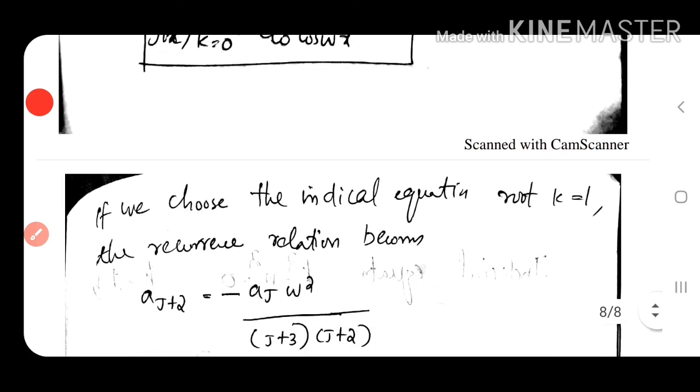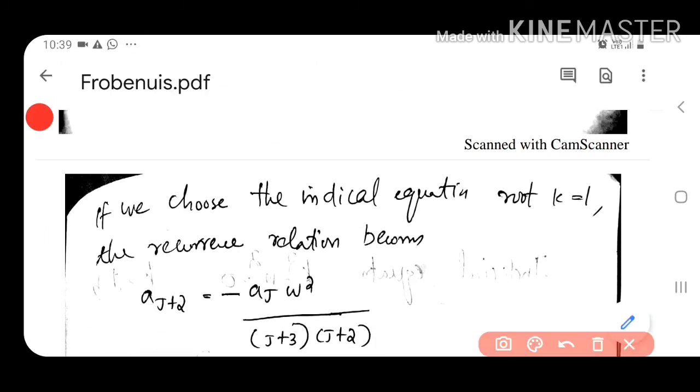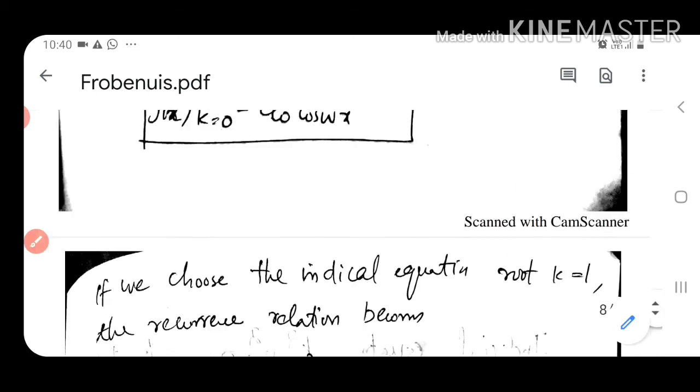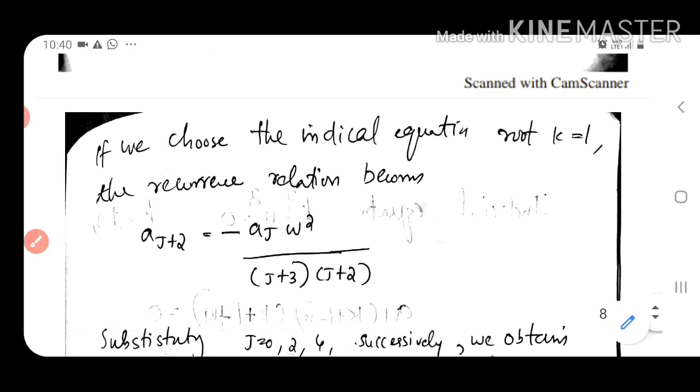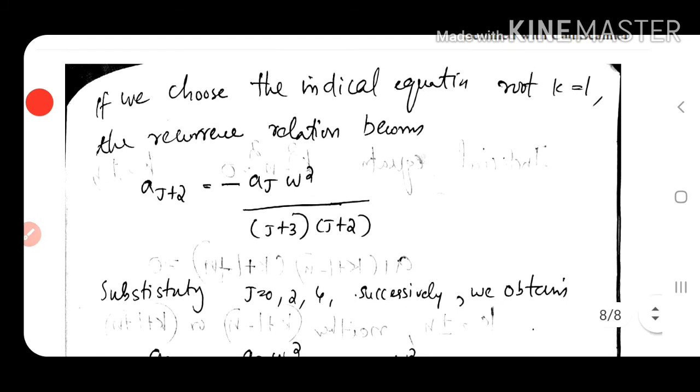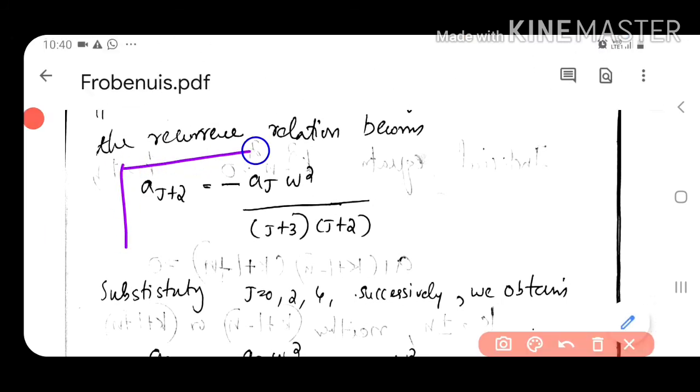Now if we choose the initial equation root k equal to 1. The previous one we took k equal to 0 and we got a solution. What is it? a0 cos omega x. Now we take k equal to 1 and we have aj plus 2 equal to this.